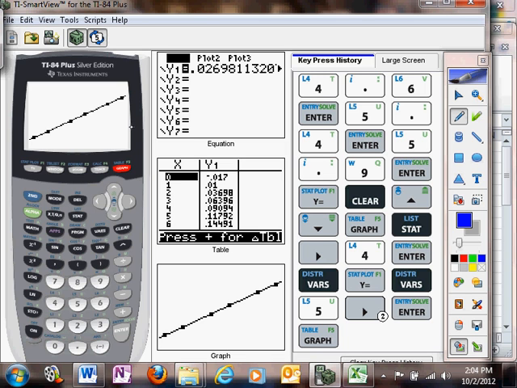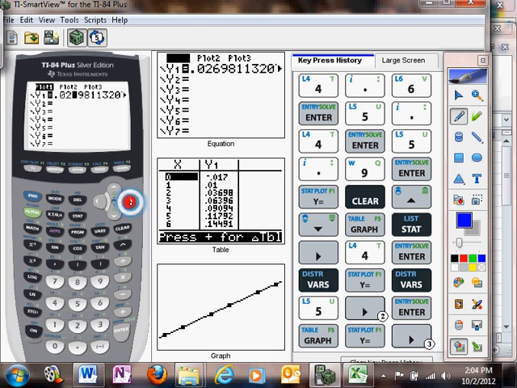So when you write your equation, you're welcome to round it to 3 decimal places, maybe 0.027x, and then whatever, minus 0.017. That would be fine to write it on for the worksheet. The correlation coefficient is going to be 0.999.